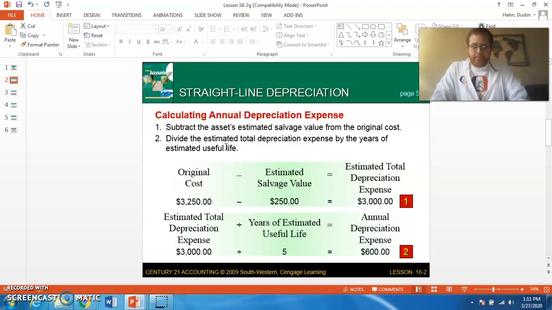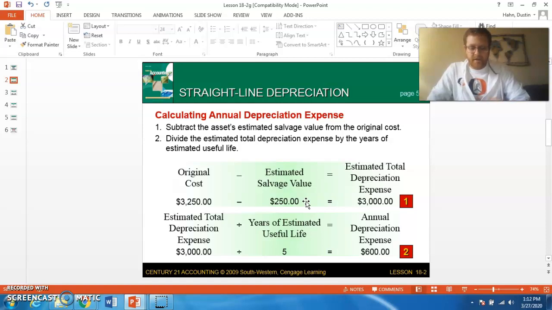Using this method, in section 1 we worked with buying an asset, buying property of some sort. Let's just say we bought a car valued at $3,250. Estimated salvage value: what this means is if we bought this car and we have it until it dies, we then bring it to the junkyard.